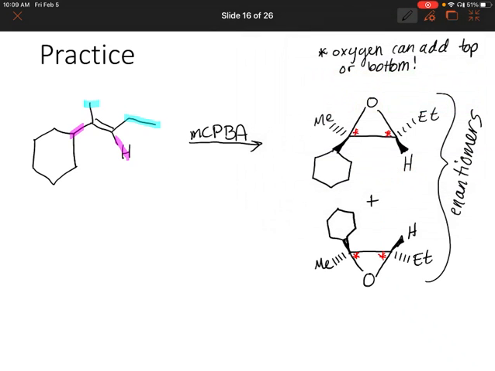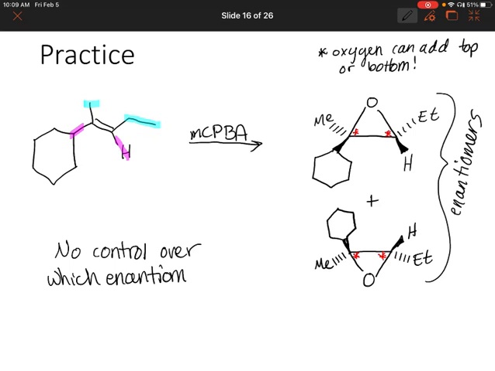Now, unfortunately, we have no control over which enantiomer forms. So this presents a problem. How can we control the enantiomer that forms? How can we form one enantiomer over another?